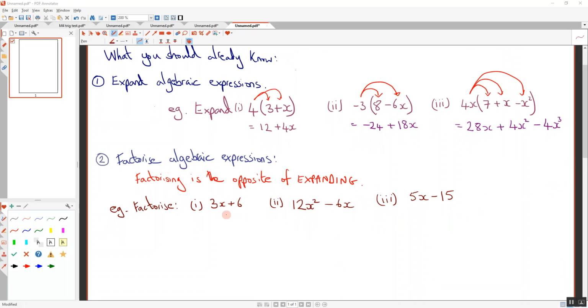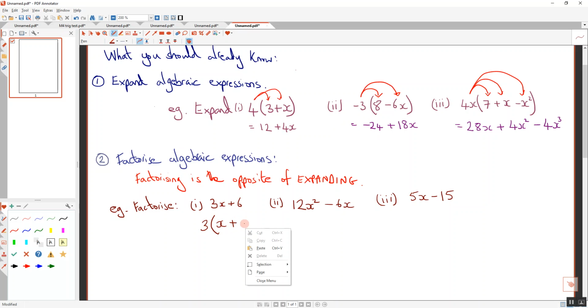All right, so to do the first one, we think, what is the biggest number or letter that goes into both 3x and 6? 3, right. So we put 3 outside the bracket. There's only an x there. There's no x's here, so that's okay. Then you think to yourself, 3 times what gives 3x? Right, well, x, 3x is 3x. And then 3 times what is 6?